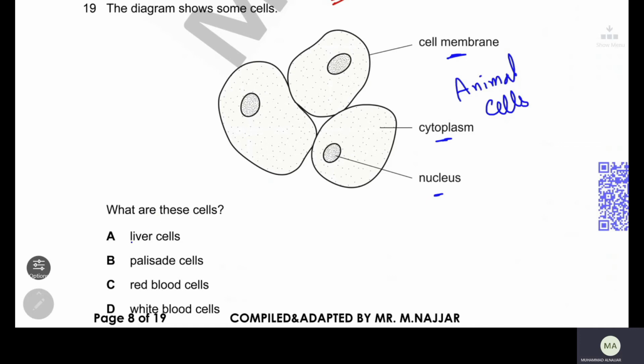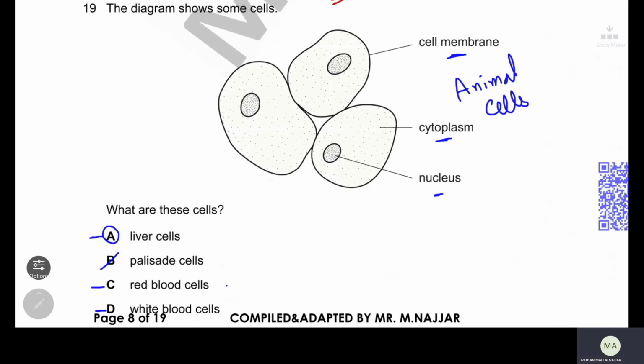What are liver cells? Maybe they are animal cells. Palisade? No. Red blood cells? Maybe, because they are animal cells. White blood cells? They may be. Let's look at why we choose this and not red blood cell.